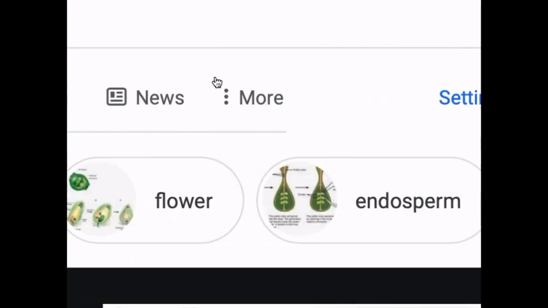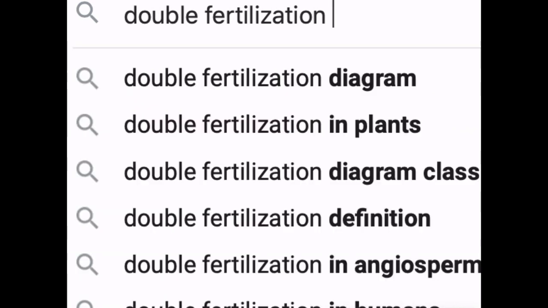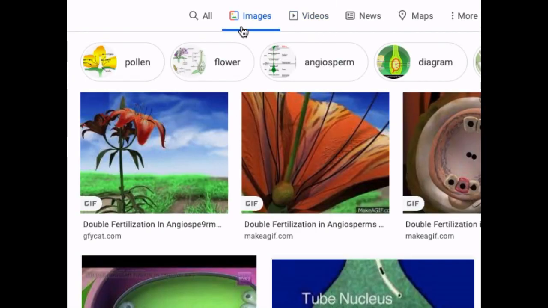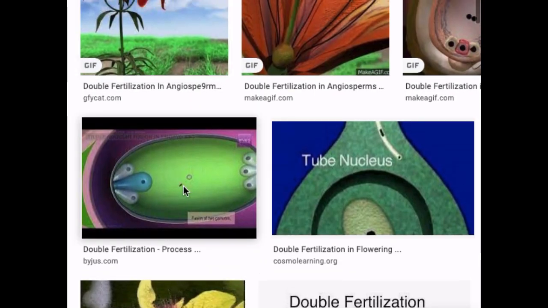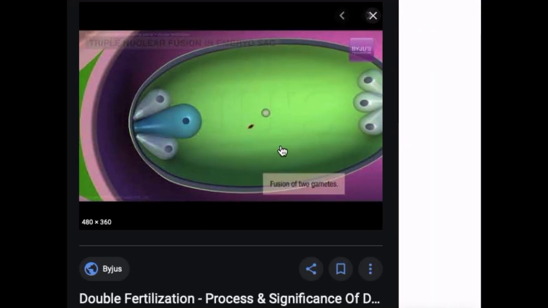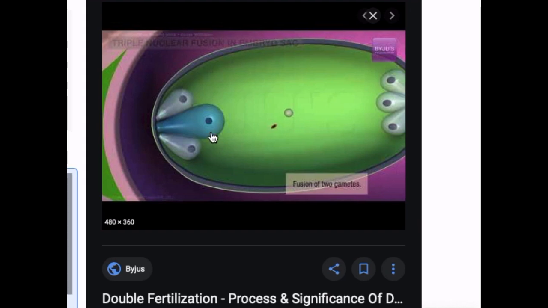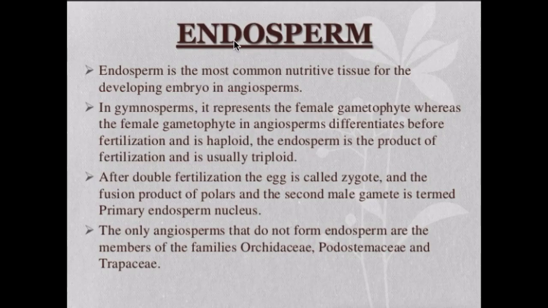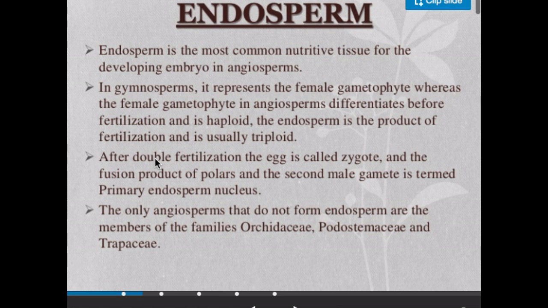Let me show you an animation. So after double fertilization, the egg is going to form the zygote, and the fusion of the polar nuclei along with the male gamete will form the PEN.